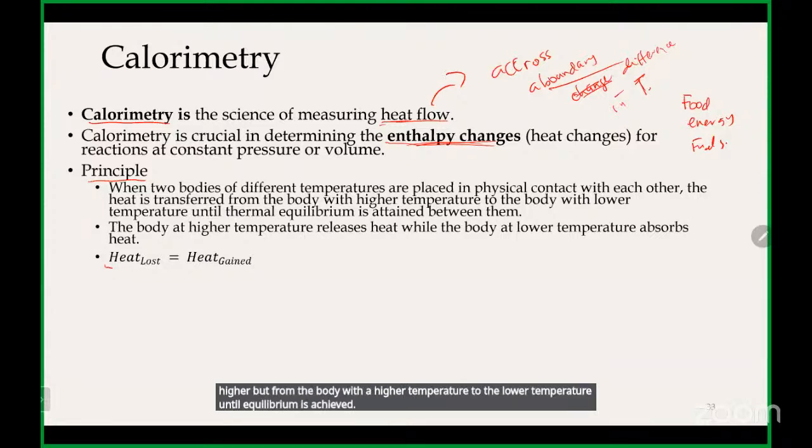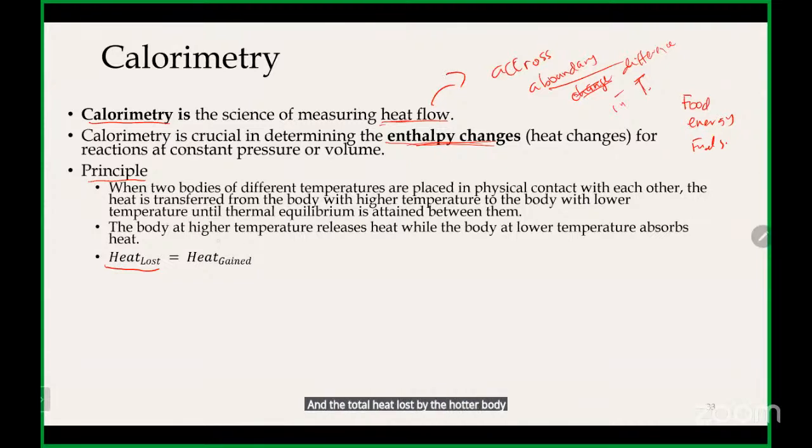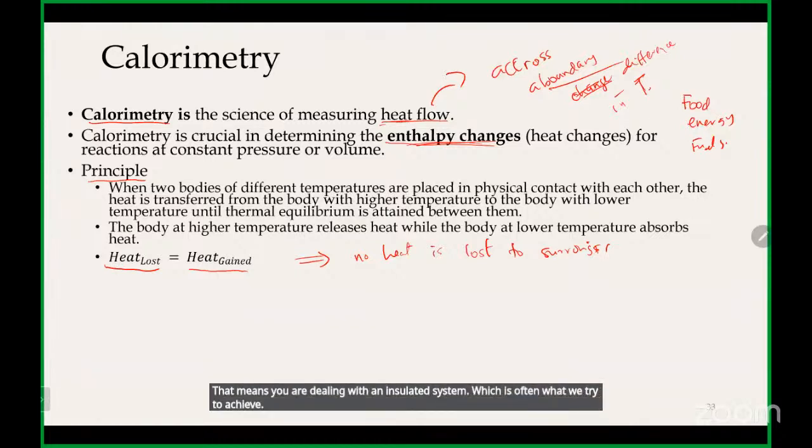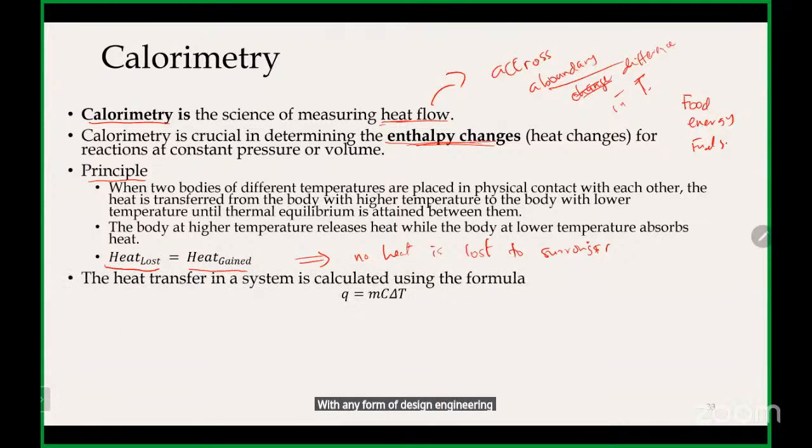The total heat lost by the hotter body is equal to the heat gained by the body with lower temperature. This is on the assumption that no heat is lost to the surroundings. That means you're dealing with an insulated system, which is often what we try to achieve with any engineering design related to heat.